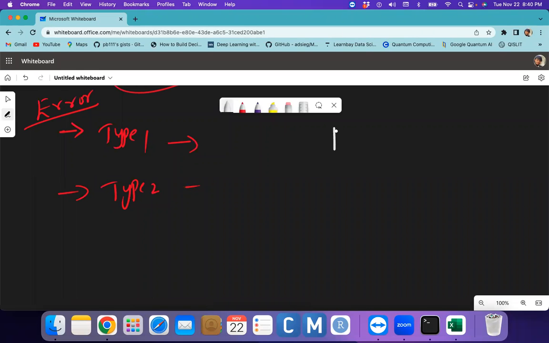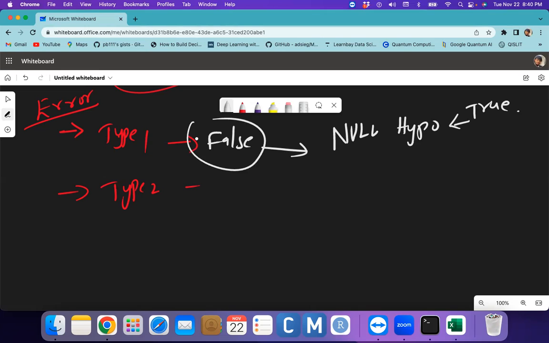Actually the null hypothesis is true, but we concluded that it was false. We predicted that the null hypothesis is false, but actually it was true. This type of error we call a type 1 error.